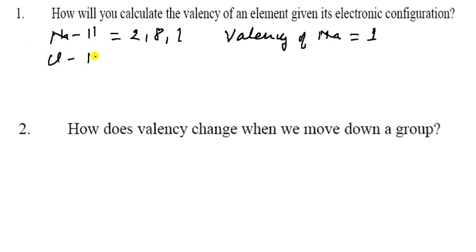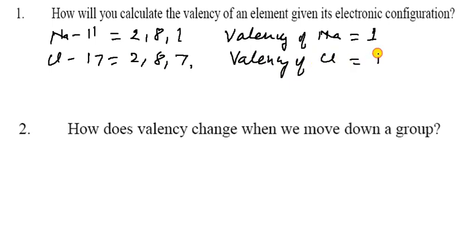Now what about chlorine? Chlorine is 17, it is 2, 8 and 7. So it receives one electron to complete its octet. So the valency of chlorine is also 1.